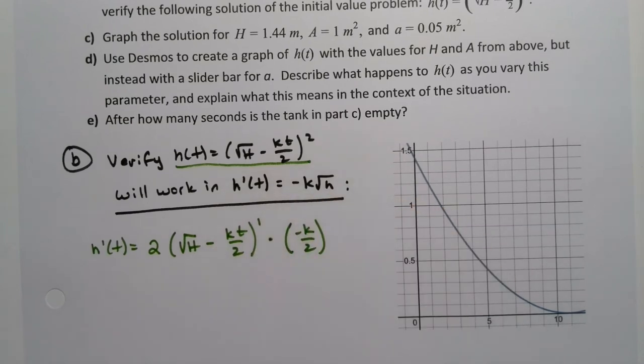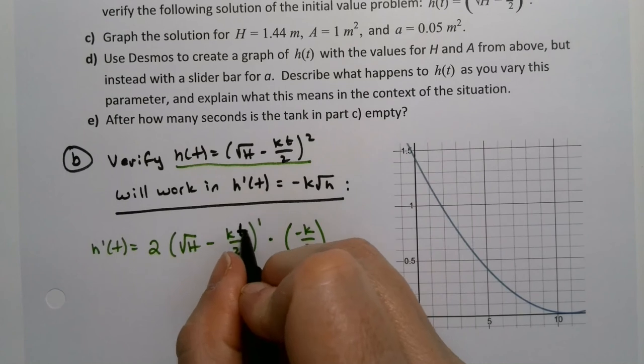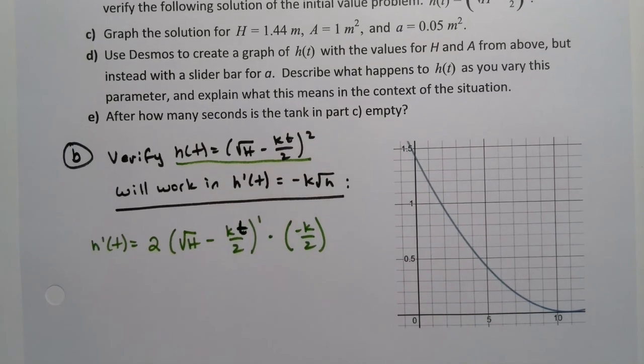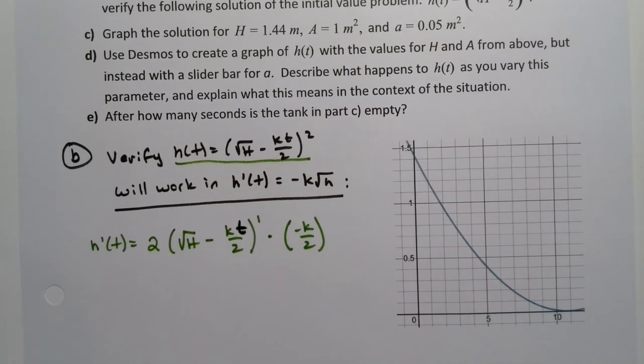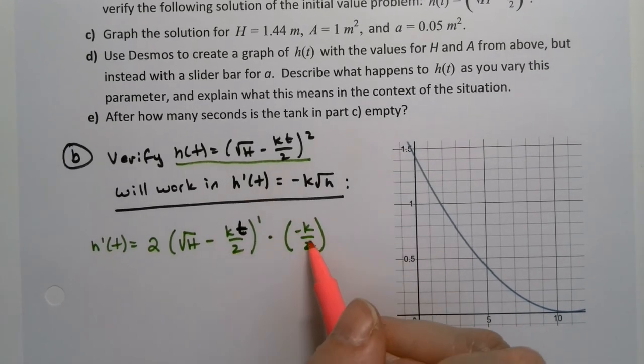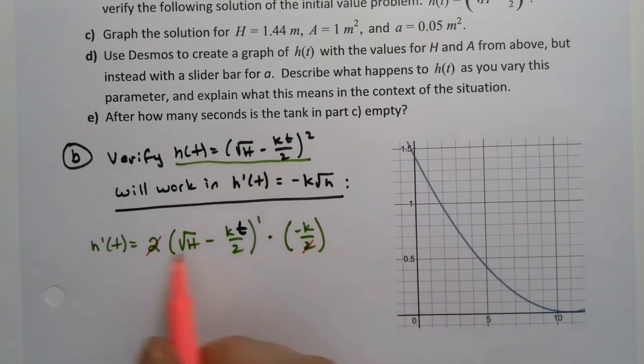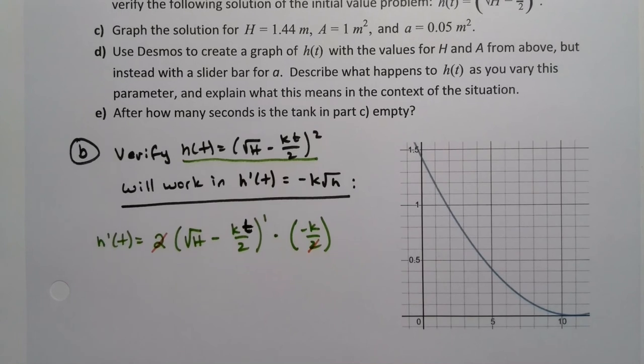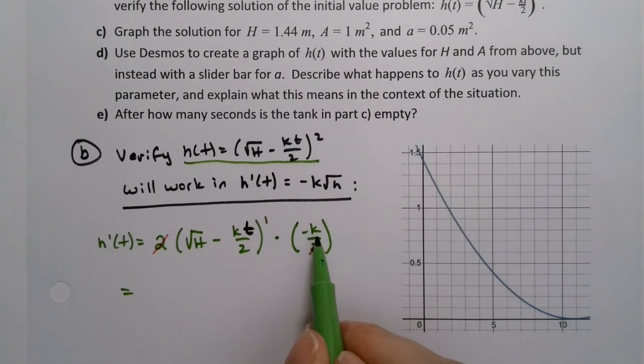The only variable in all of this is t right here. So everything else is just constants. All right, now if I distribute, multiply here, the 2 and this 2 will end up canceling because they're multiplied. So that'll leave me a negative k right here.